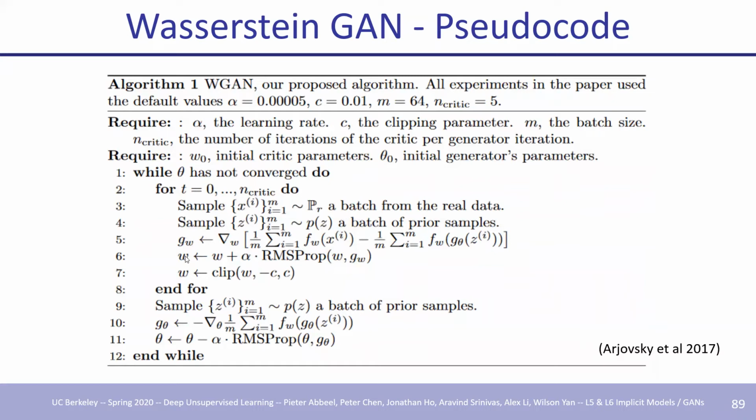Here, the w are the weights of f, which is the Lipschitz function. And notice that the Lipschitz function f_w is also working as the discriminator here, but it doesn't produce numbers between 0 and 1, it produces some real number. And so what they did here is to clip the values of the weights between negative c and c.